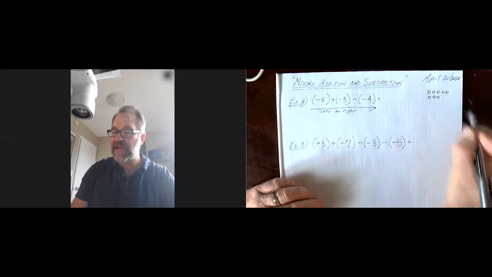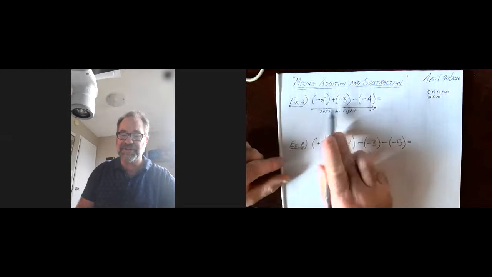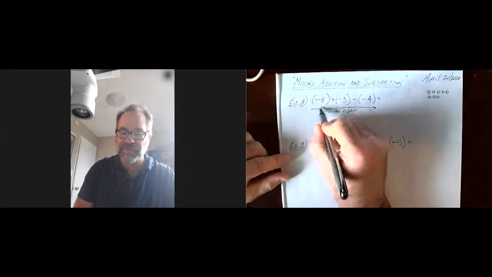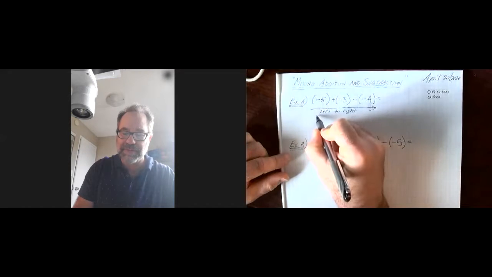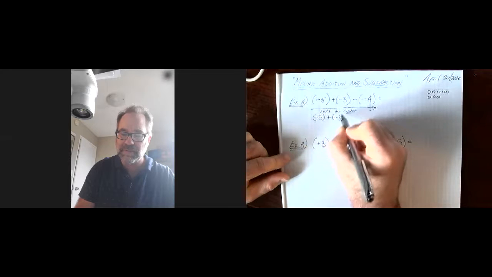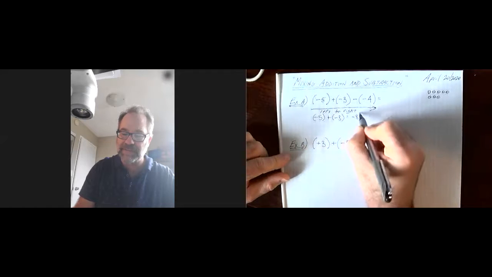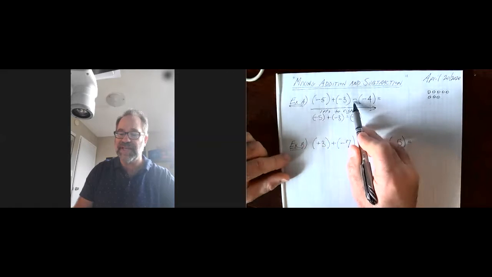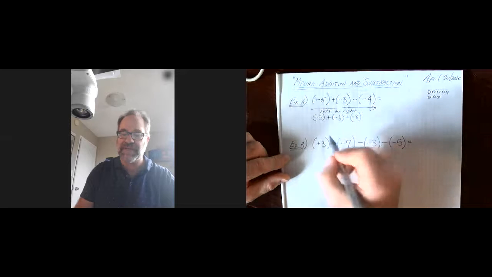And since we're adding the same signed integers, our answer is going to have the same sign. So this first part becomes -8. And our integer model shows us that there are 8 negatives here altogether. But we're not finished. We need to take -8 now and subtract -4 from -8.